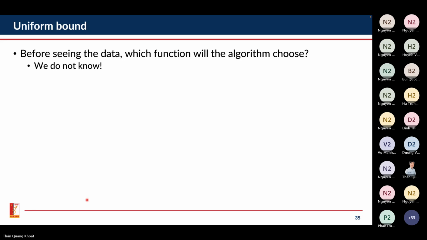Okay. So in that case, we may need to find another way to analyze the generalization error. And one very classical way is to use the uniform bound. That is, we analyze the worst case, right? If we train a model, what is the worst case? The worst model in a family, right?